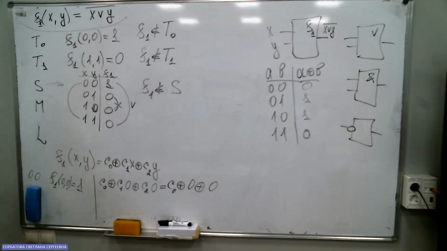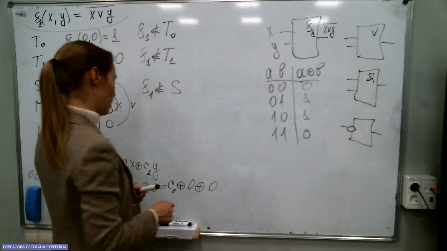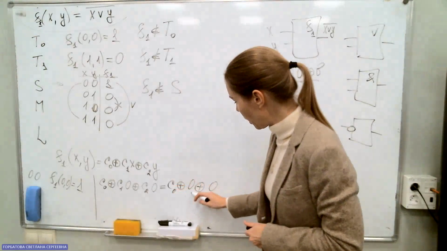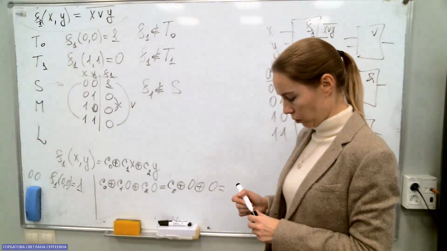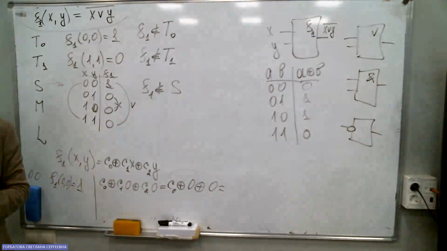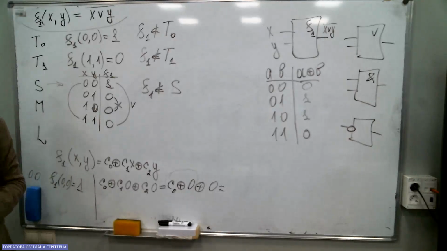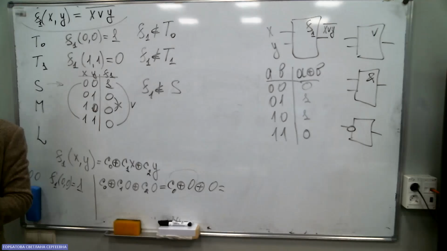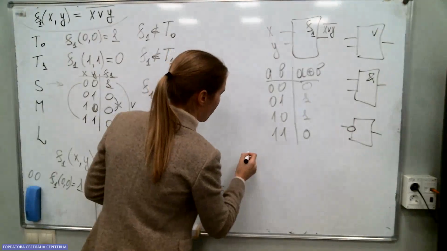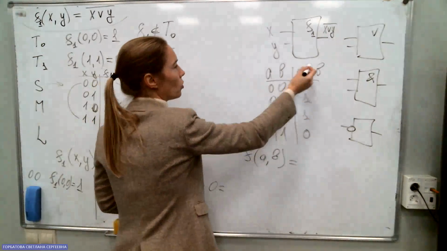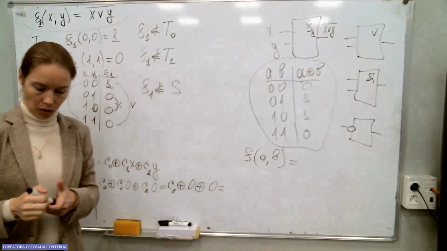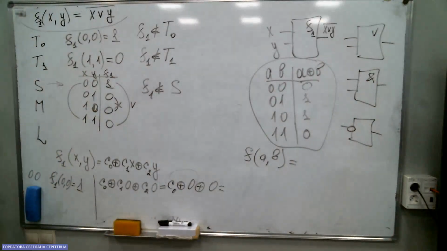Okay, so this expression plus modulo 2 0 equals what? I hope you remember the previous topic, minimization, and how we can get f of a b from a truth table with disjunction, conjunction, and negation.